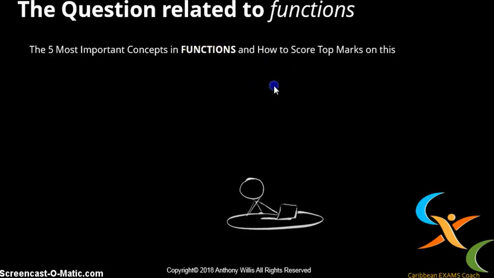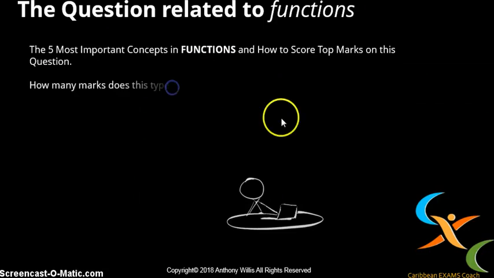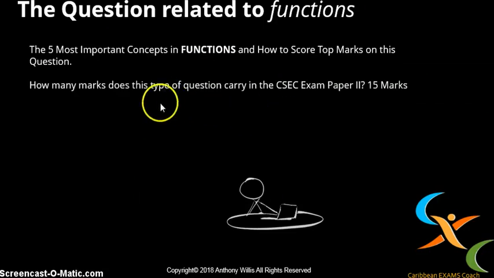That's the key thing. Now, how many marks does this type of question carry on paper 2, section 2? 15 marks. Most students, around 75% of the students, don't get 5 or 7 marks for this question.